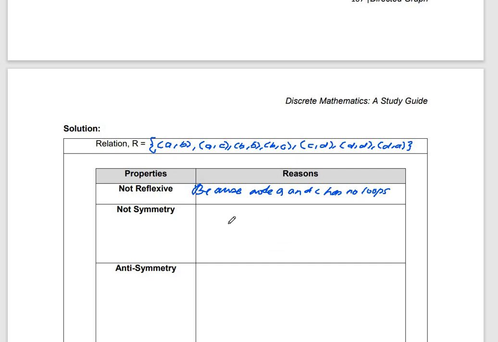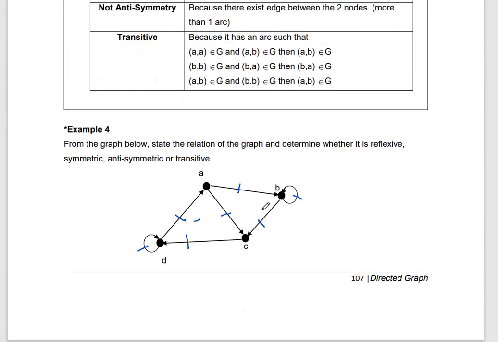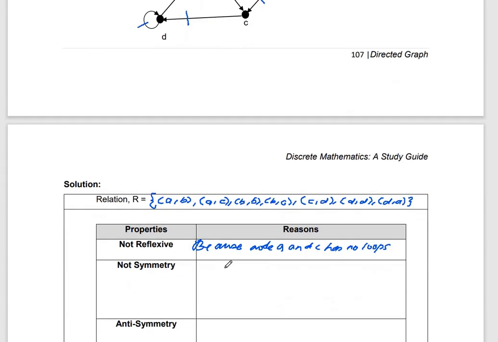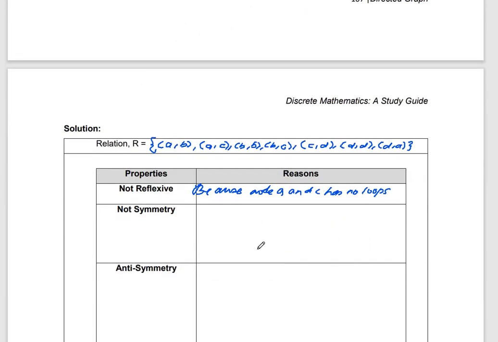Okay. Dan tengok pula dia punya symmetry. So, symmetry, kita kena tengok semua tu kena ada edge. Tapi semua ni ada arc. Kan? Semua ada arc. Tak ada yang ada edge. So, untuk tunjukkan dia not, buat satu contoh sahaja. You tulislah satu contoh. There exists. Why it is not symmetry?